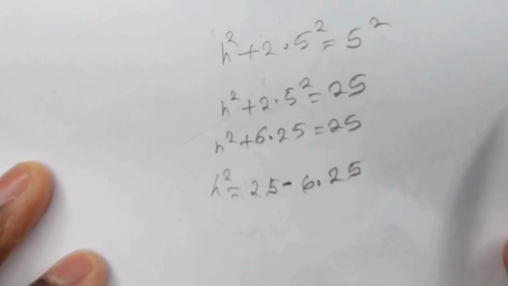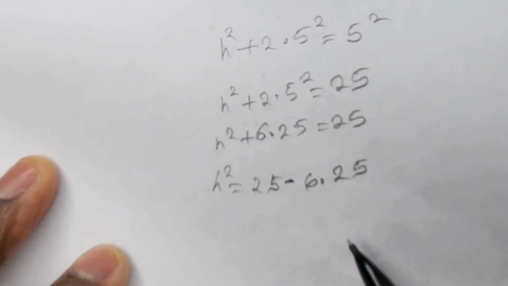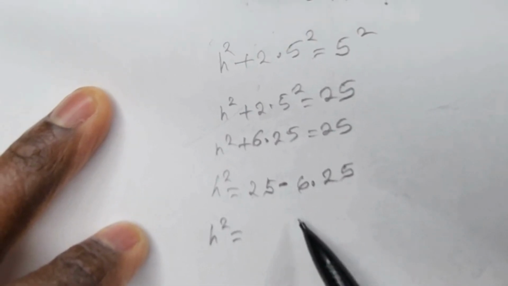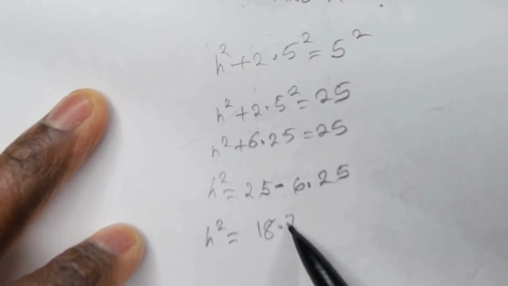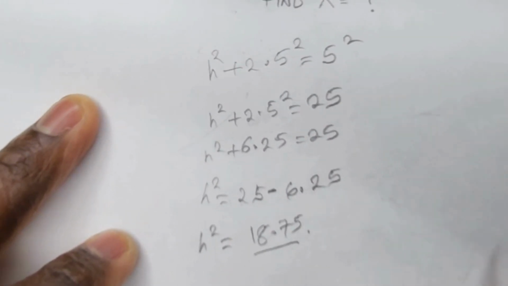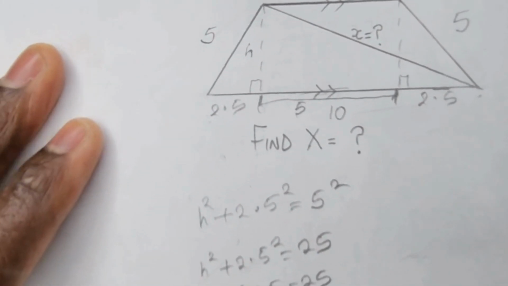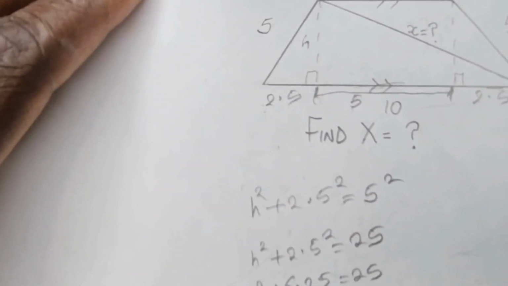So this is what we have. h squared is equal to 25 minus 6.25, which is 18.75. So let's just leave this as h squared for now.